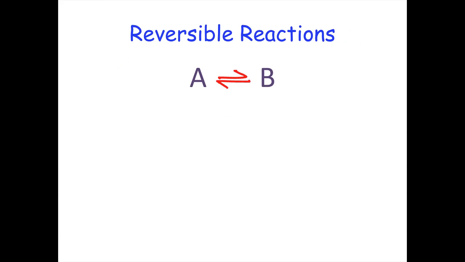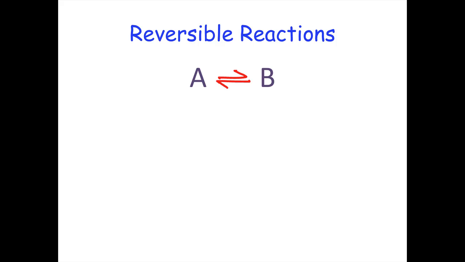However, for most reactions, that doesn't happen. The reaction is what we describe as reversible, meaning that the reaction will go in both directions, both the forward direction as well as the reverse reaction.